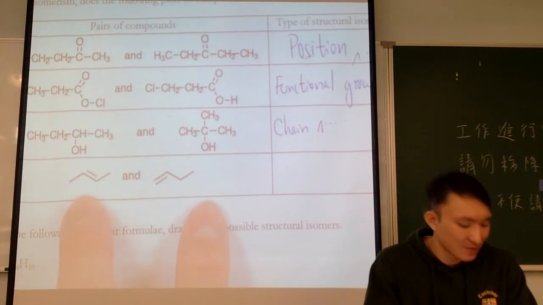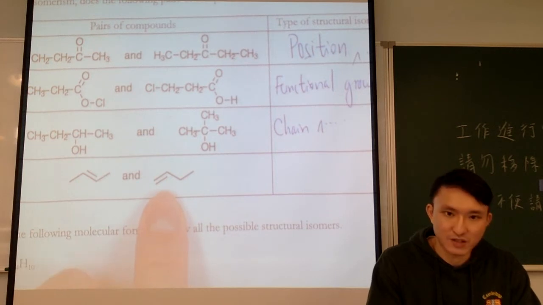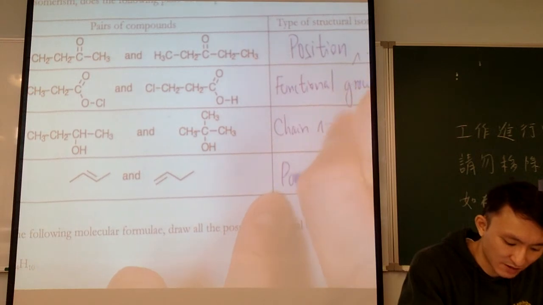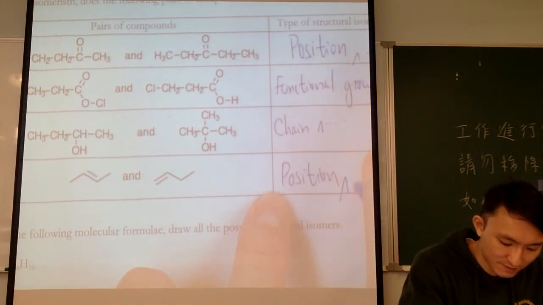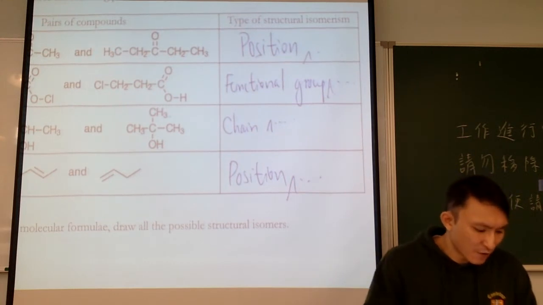This one, they have the same longest carbon chain, but the double bond is in a different position. This one is at the first position. This one is at the second position. So this one must be position isomerism. Okay, so that's that.